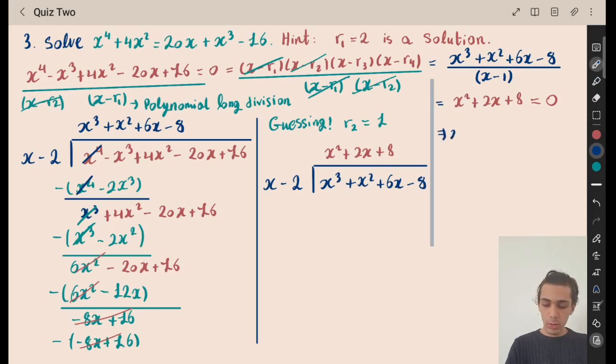So, the quadratic formula tells you that, well, let's first write this in a form that is nice enough. So, ax squared plus bx plus c is the format. Now, clearly from here we get that a is equal to 1, b is equal to 2, and c is equal to 8.